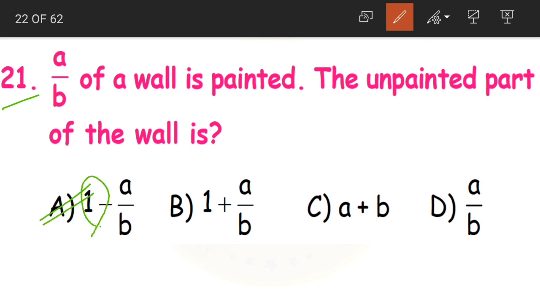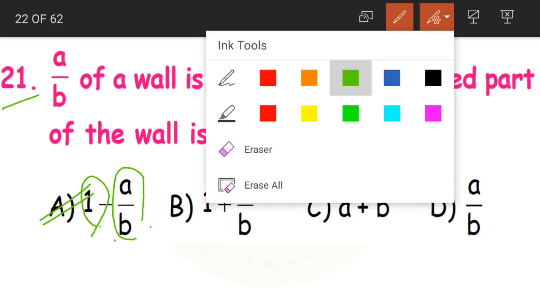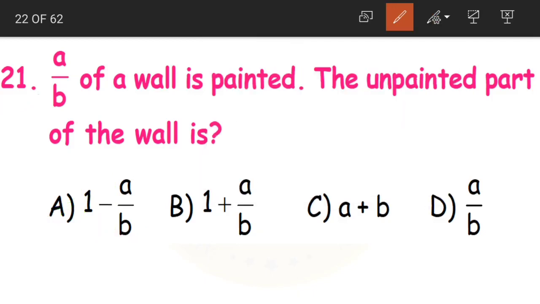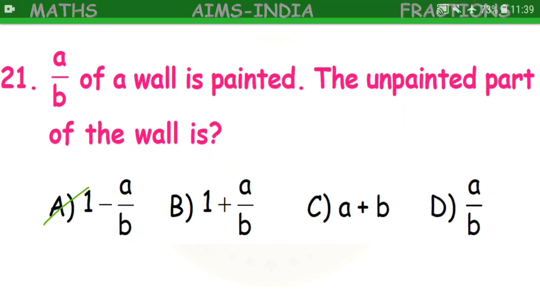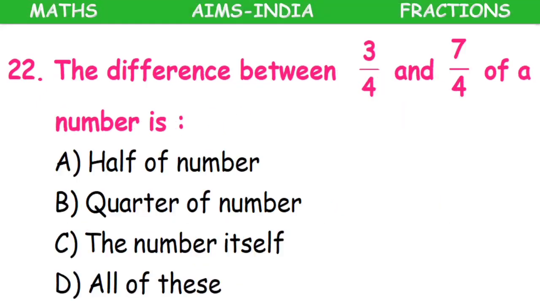Why 1? Because the wall is a singular object, one object. It is our whole. Minus A by B, which is the part of the wall which is painted. 1 minus A by B will give us the correct answer.